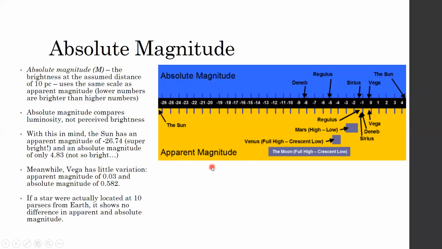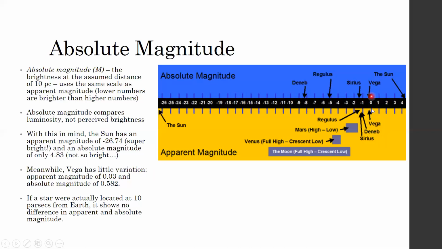Now, we mentioned Vega a few minutes ago. It's got very little variation between its absolute and its apparent magnitudes. Its apparent magnitude, I mentioned, is close to zero. It's about 0.03, whereas its absolute magnitude is only a little bit higher at 0.582.